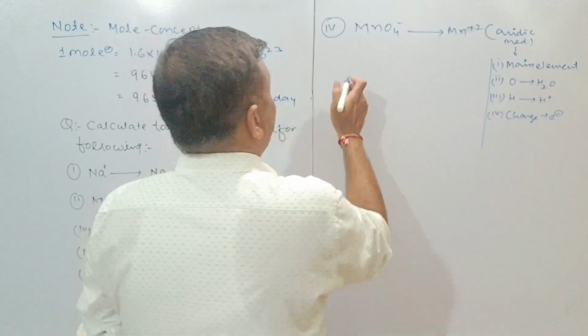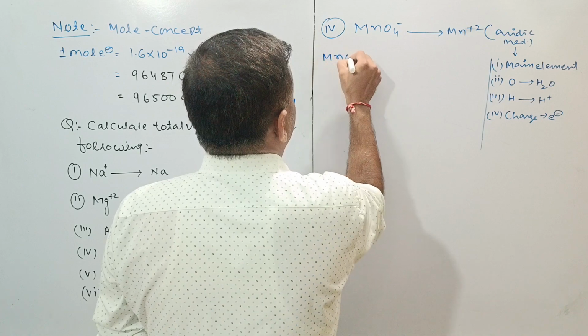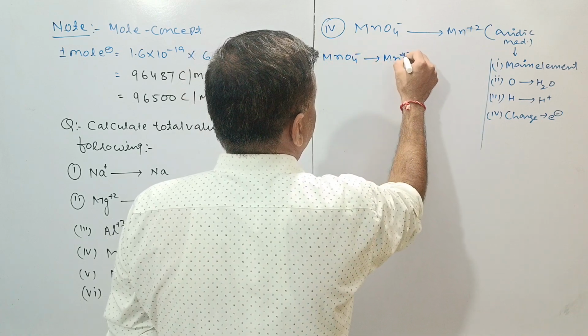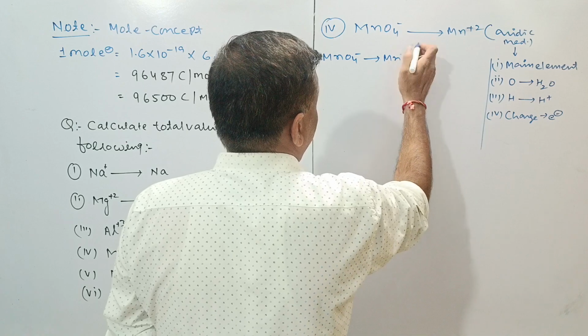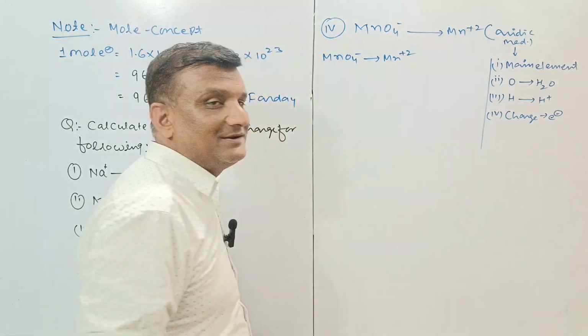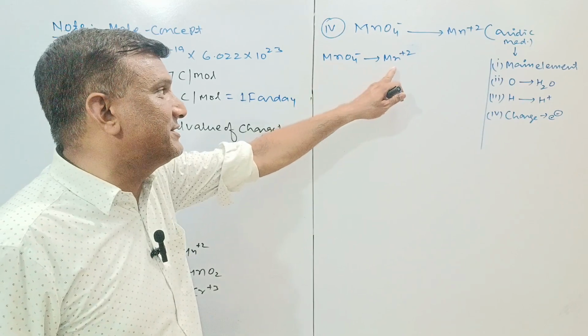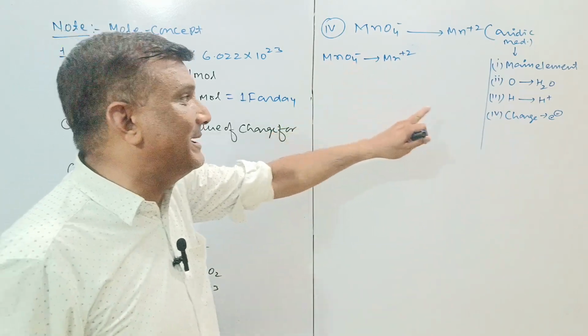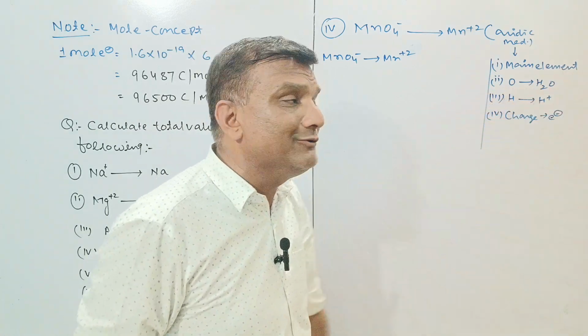So first of all, I would like to go with MnO4 minus changes in Mn+2. Mn is balanced, +2 is the charge, so don't go with the charge yet. First of all, go with the stoichiometry, Mn 1, Mn 1. Now it's time to discuss oxygen. For balancing of oxygen, we use water molecules.